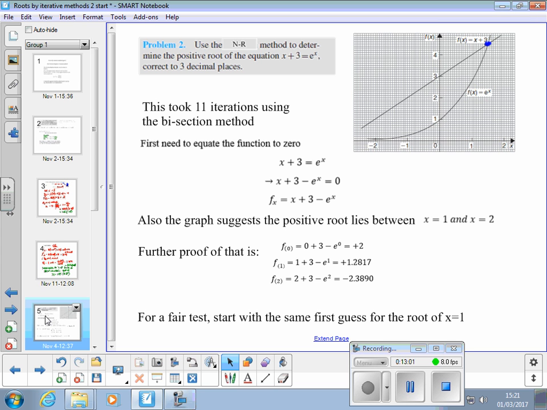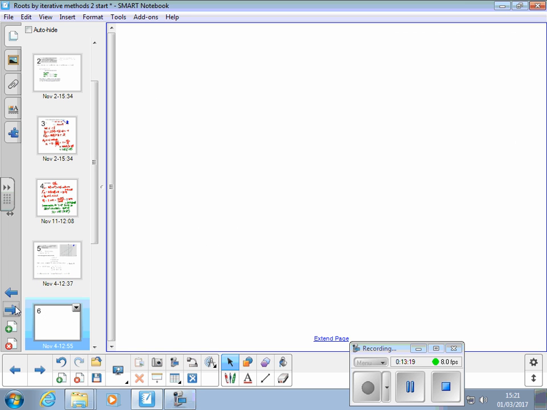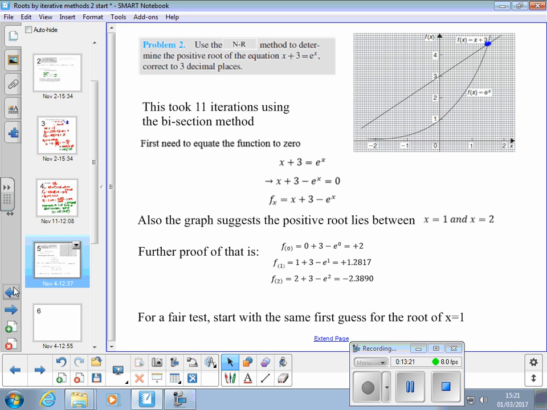It is a much easier one to do with a spreadsheet, because you can just pull the formulas in, copy them down, and as soon as you see no change in the value to 3 or 4 significant figures, you've got your answer. Okay. So have a go at doing that one by Newton Raphson's method.